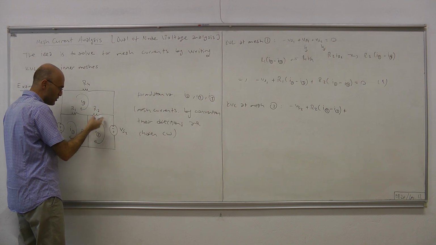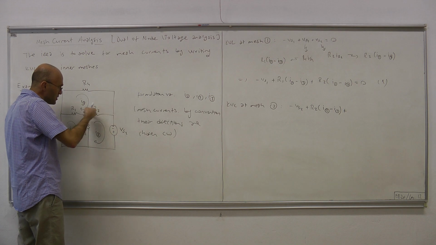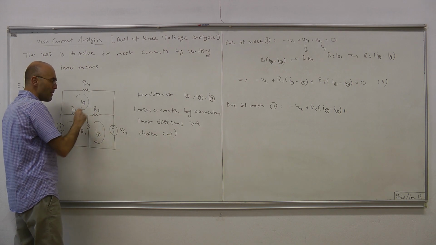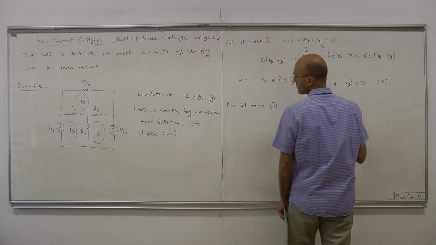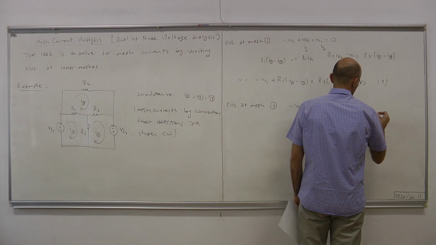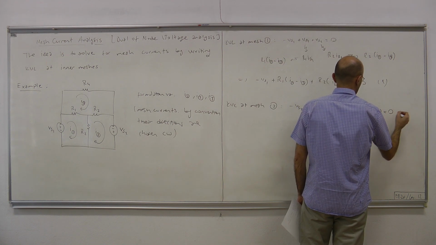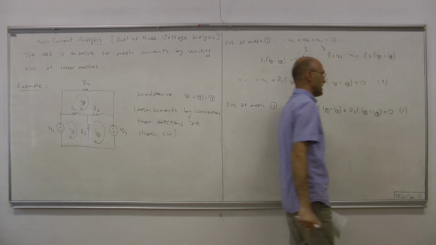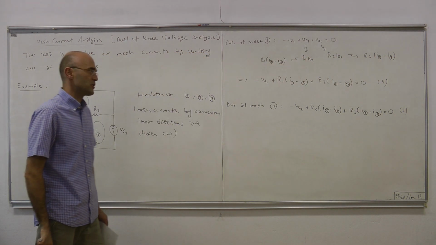This current is in the same direction with I2 and opposite to I3. Therefore, this voltage is R3 times I2 minus I3. So that's our second equation, and everything is in terms of mesh currents.